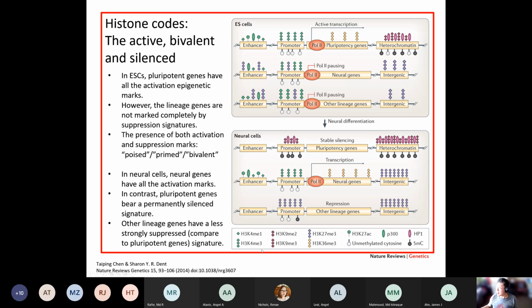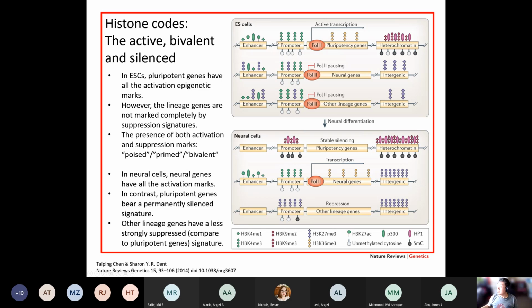So you probably can predict that H3K4 trimethylation indicates that this is an open region. That means the promoter is open. It's ready to get regulated by transcription factors. Therefore, the pluripotency genes will get expressed.